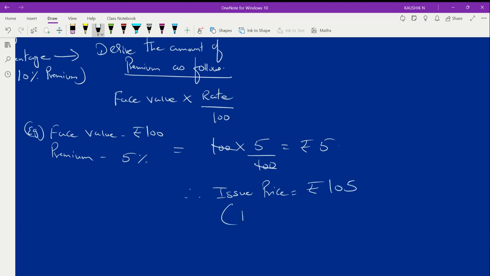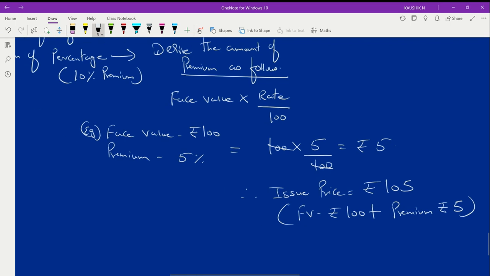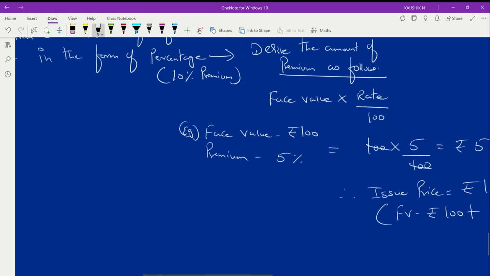How come? Face value rupees 100 plus premium value rupees 5. Adding these two, you'll get issue price as 105. Can you able to understand the concepts? Up to this, do you have any difficulty?